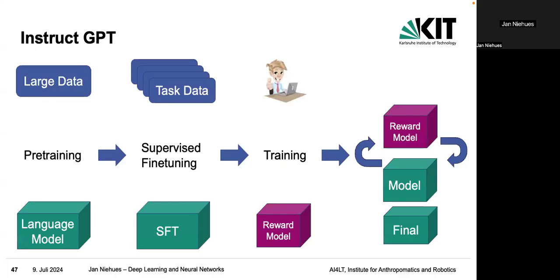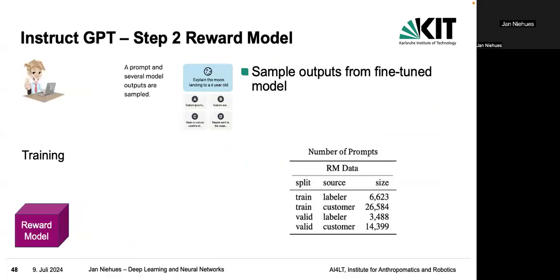Good. Then the next step is, as we see here, we need to train our reward model. So the first thing is we have to again prompt our model, the fine-tuned model. So now we're starting with a fine-tuned model, and we prompt the model to give 4 different answers, for example.